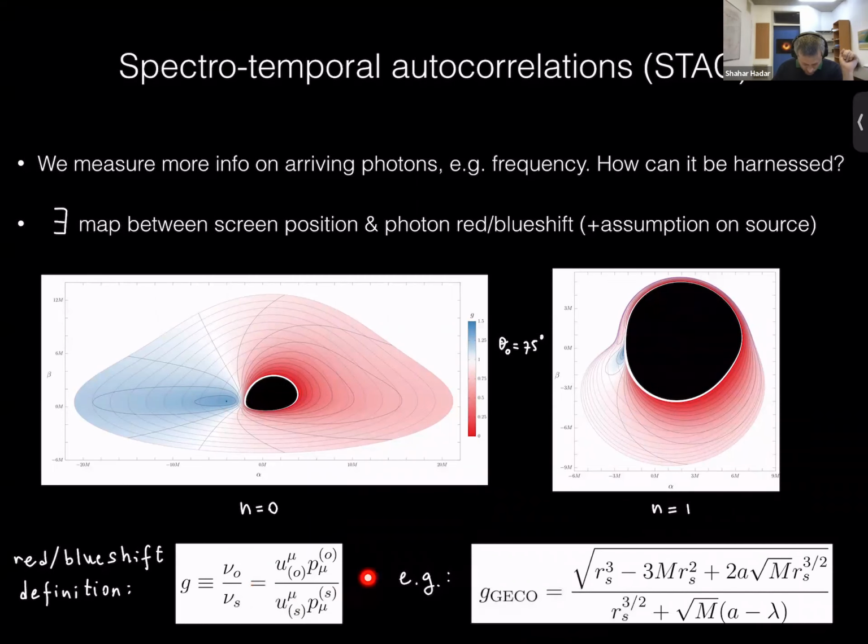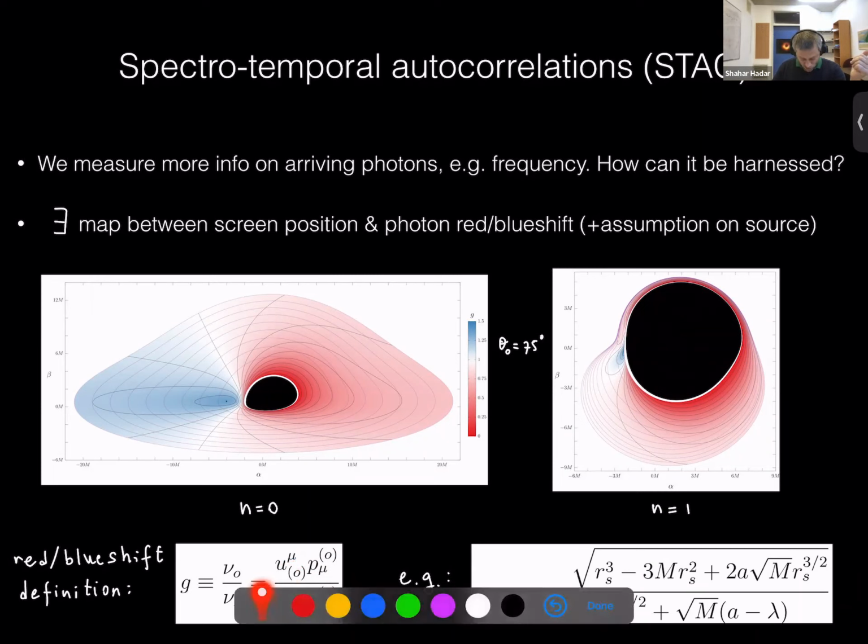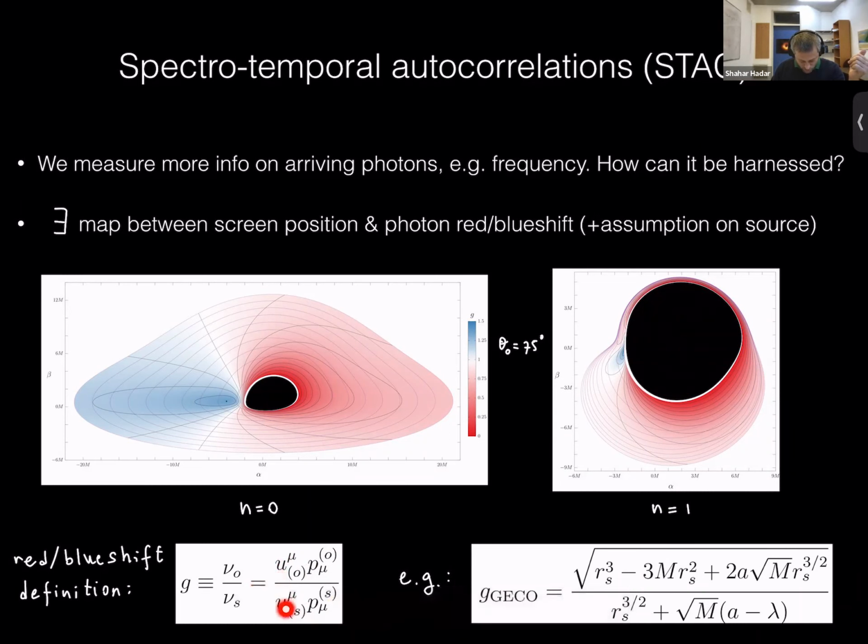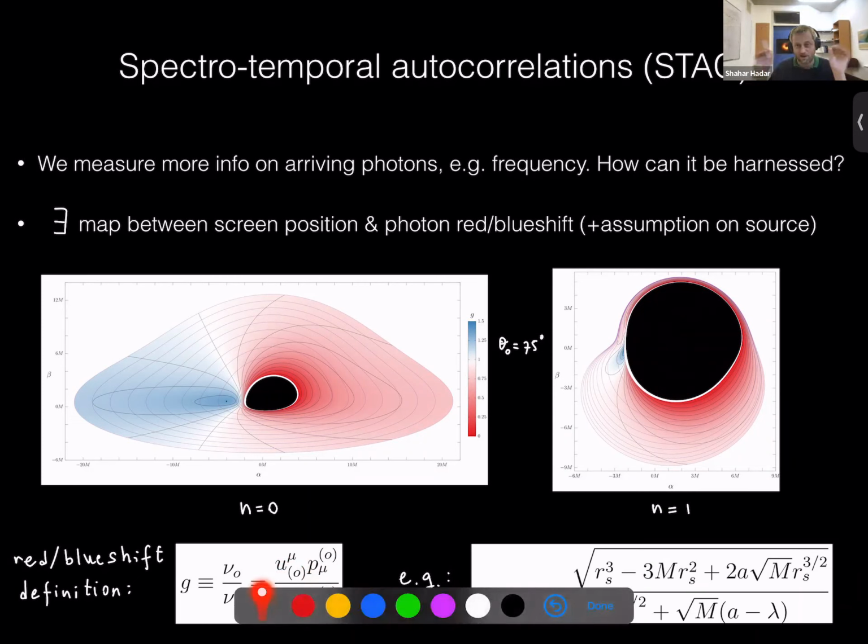This is a calculation you can do in GR. This u mu is the 4-vector velocity corresponding to the emitter, and this is the observer, sorry, the other way around. And p is the photon's 4-momentum. There's a clear calculation in GR that you can do, and you can do it analytically.